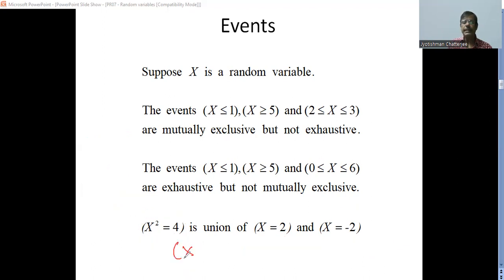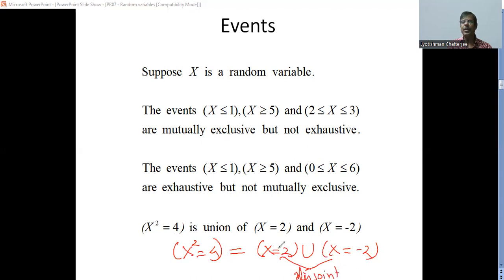In fact, we can write it in set terminology as X square equal to 4. This event is the same as the X equal to 2 event union the X equal to -2 event. Please note that these two events, X equal to 2 and X equal to -2, are mutually exclusive or disjoint.